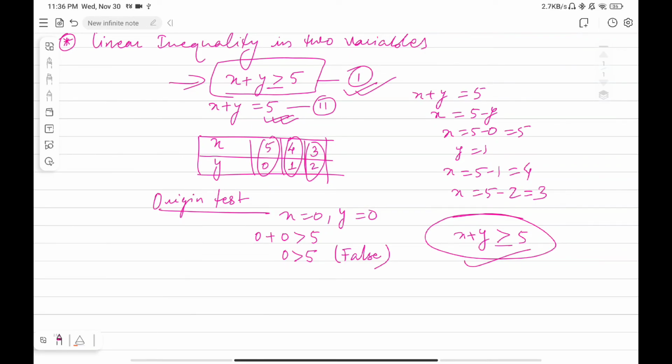While doing the origin test, it is still false, because 0 plus 0 is greater than or equal to 5 suggests 0 is greater than 5, which is false, and 0 equals 5 is also false. So we have to avoid shading towards the origin. That is how we test whether the origin lies in the region or not.